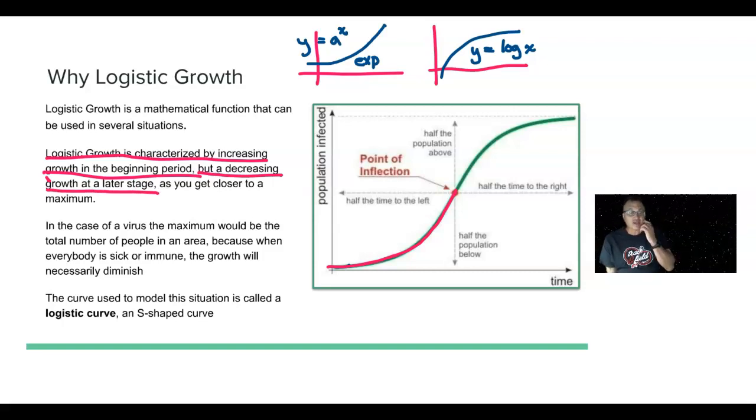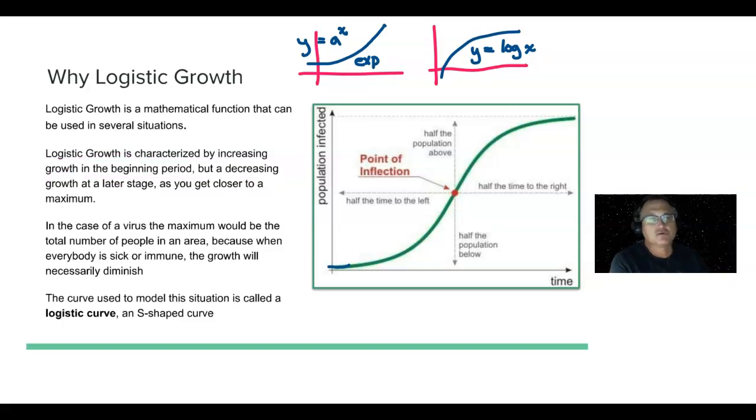It's still growing, it's just not growing as fast until it reaches some sort of maximum. So in terms of a virus, that maximum could be the total number of people in an area, because if everybody is sick, or eventually everyone would be either sick or immune, the growth would have to start slowing down. So that's the three different types of growth that we've looked at so far: exponential, logarithmic, and now this last type is logistic.